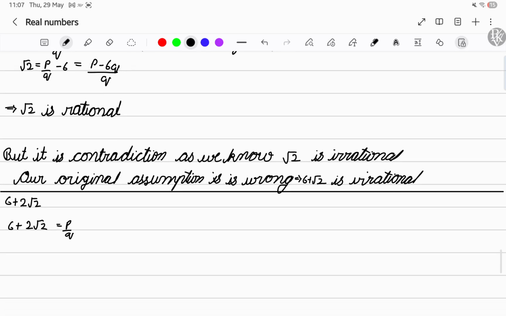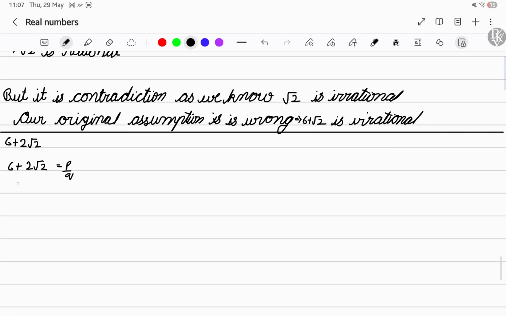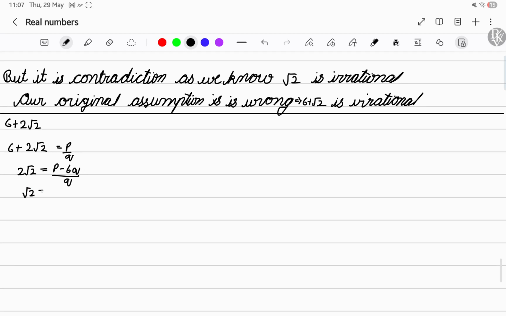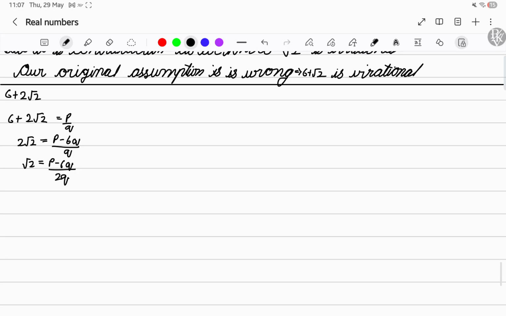Okay, now I'm not copying. See, this now will become 2 root 2 equal to p minus 6q by q. Okay, and then root 2 can be easily written as p minus 6q by 2q. Okay, 2 will go to the other side and divide.